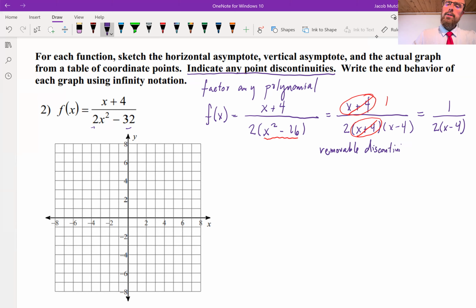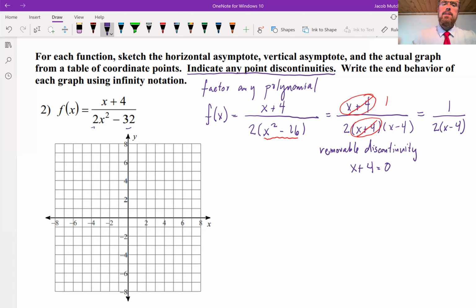So let's locate it. To locate a point discontinuity, once you've found the place where the cancellation is, to find the x value of the discontinuity, you take that factor that's been canceled, set it equal to 0, and then solve.